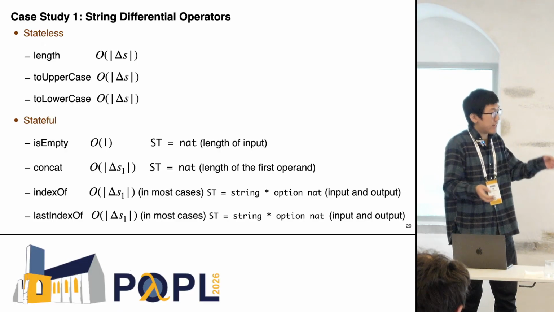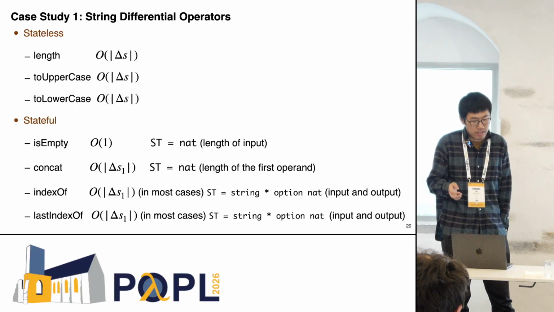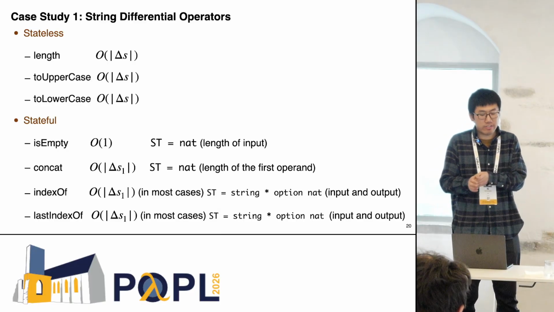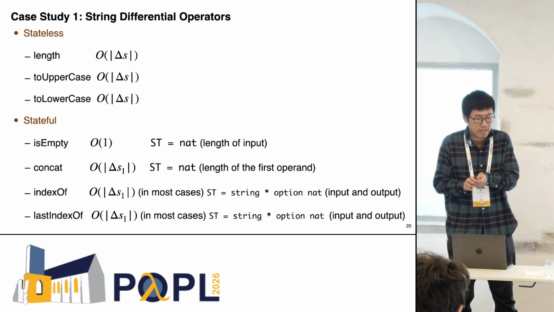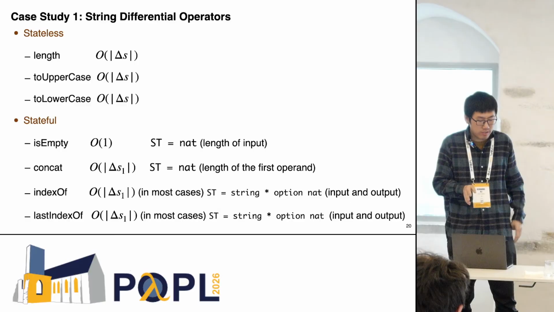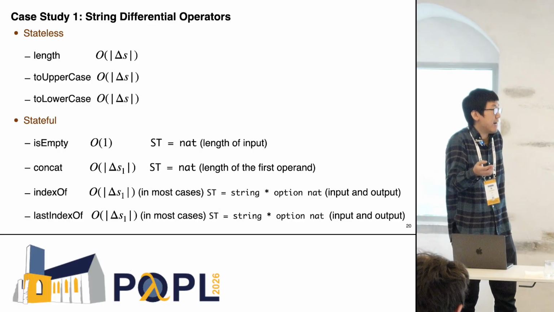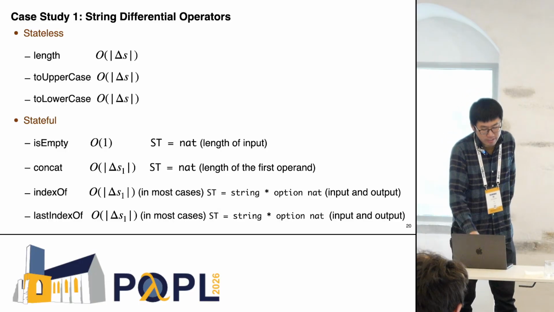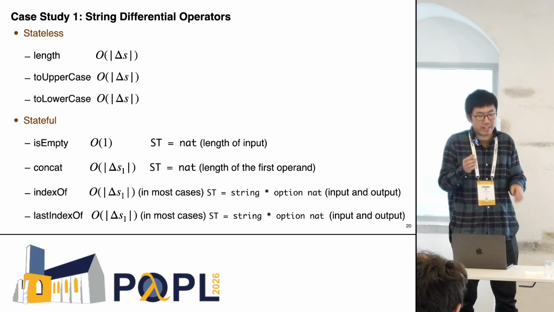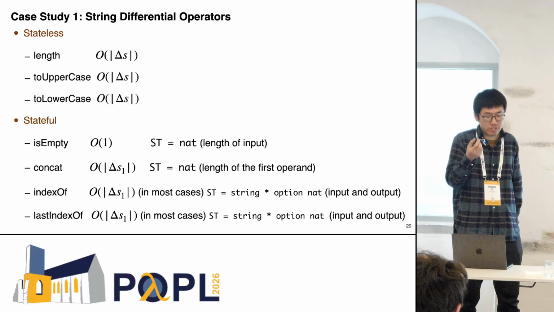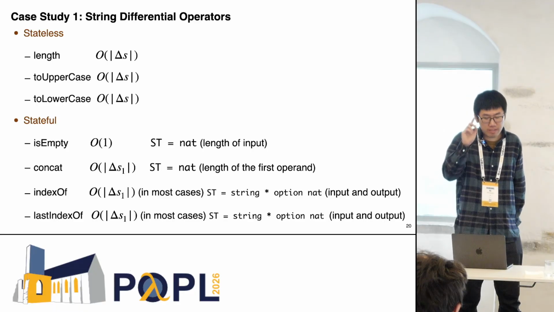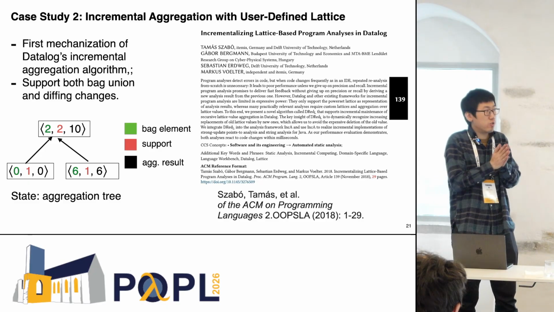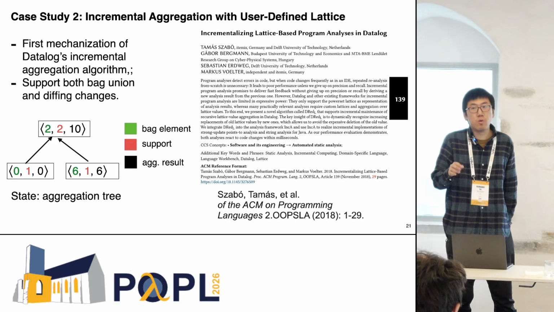And also for index of and last index of, we use the original input value and output value as a state, which allows us to update the output in time proportional to the input size in most cases. There is only one case, where if you delete the occurrence of the thing you want to find, you have to do some recomputation.